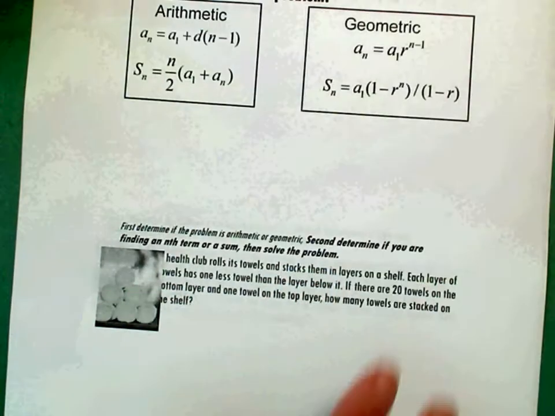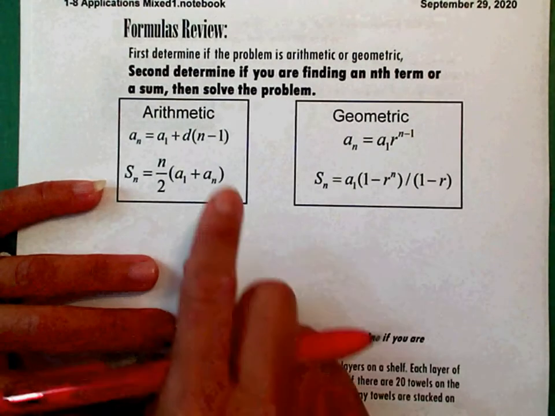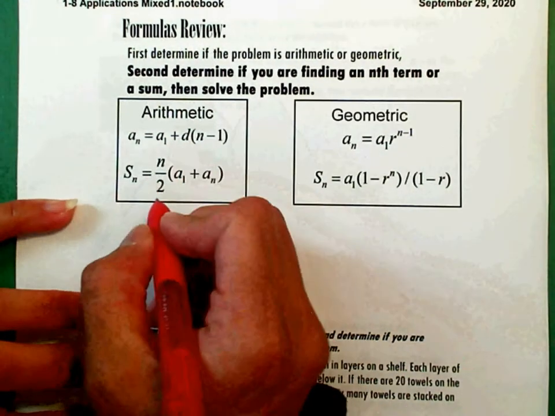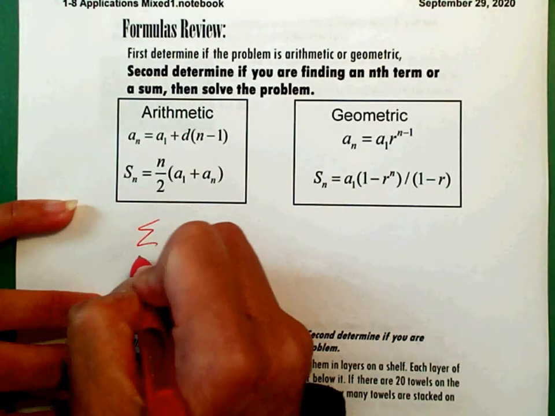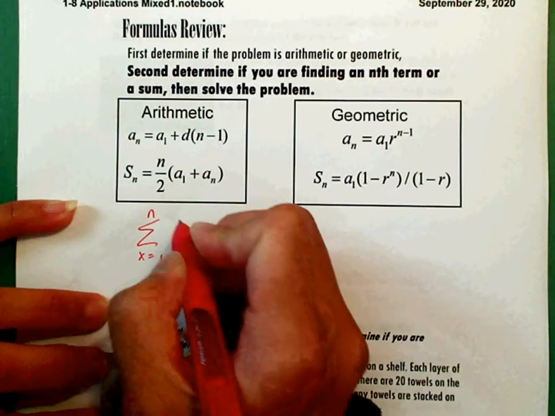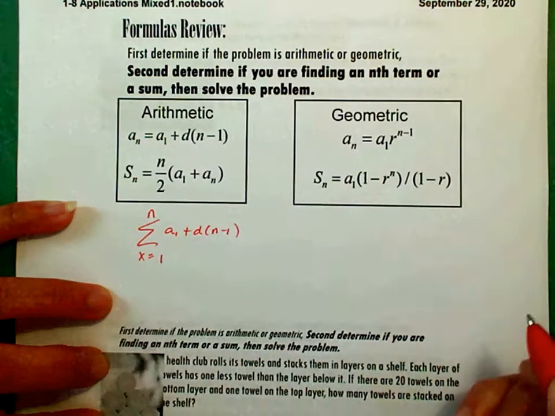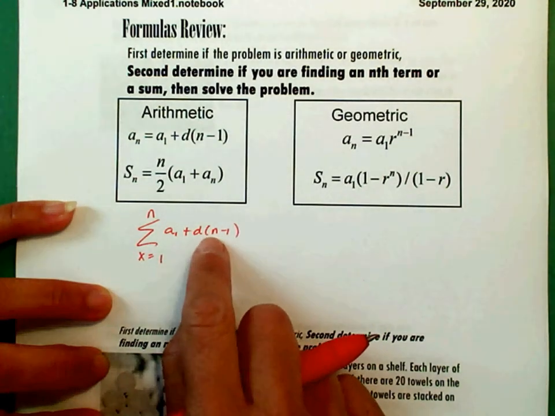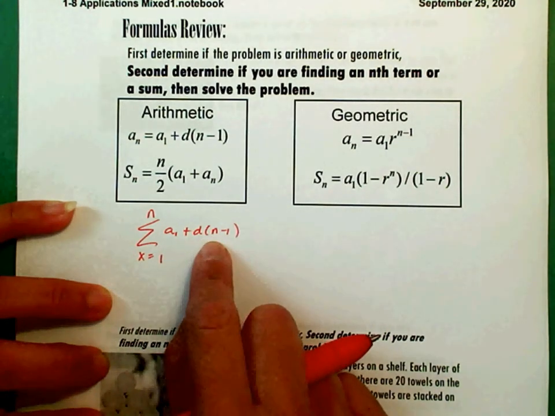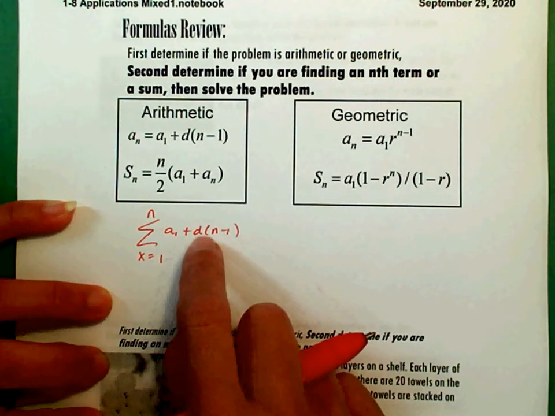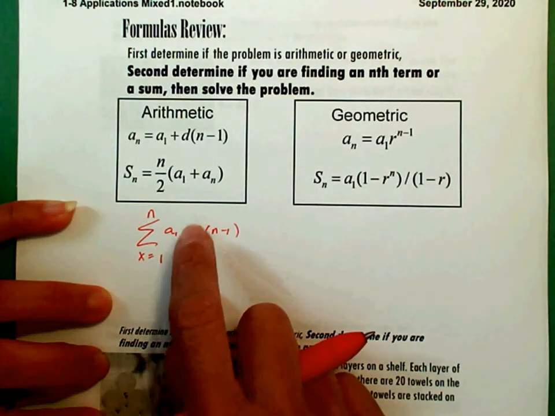All right, so here's the formula review. I'm going to add sigma to the arithmetic. x equals 1, n goes here, and then you have your explicit formula. Now, I noticed some of you put numbers where the n is. You don't put that. You put an x or an n, okay? You don't put a number there when you type in using sigma.